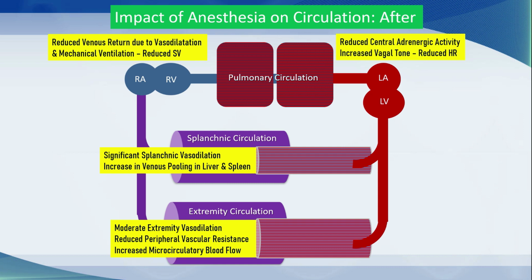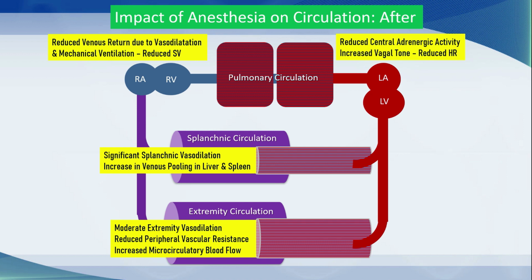This must reduce venous return. Simultaneously, the thoracic cavity, which normally is in a negative pressure state, now is in a positive pressure state, and having positive pressure outside the heart reduces venous return. So venous return is reduced for 2 reasons: vasodilatation, reduced stress blood volume, and positive pressure.